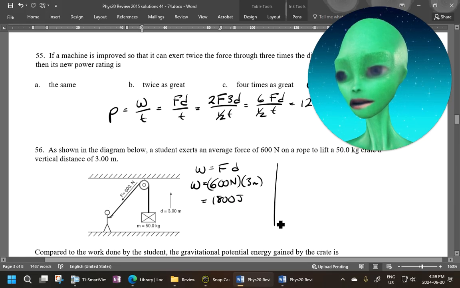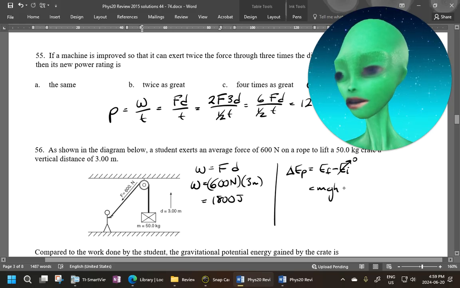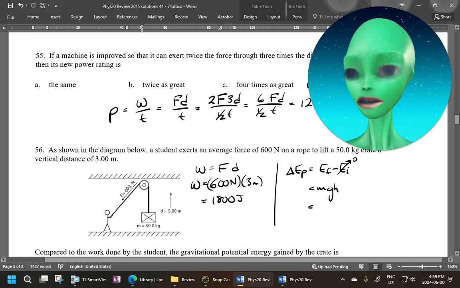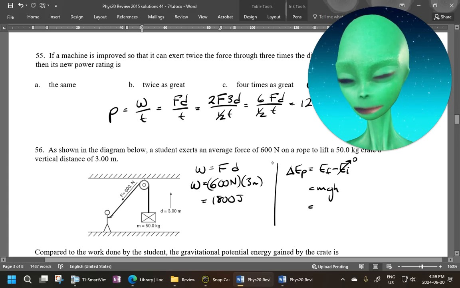To figure out the change in potential energy, which is final minus initial, we'll assume the initial is 0. I'm just going to go mgh. Let's say 0 is the ground, or wherever it starts. So this is going to be 50 times 9.81 times 3.